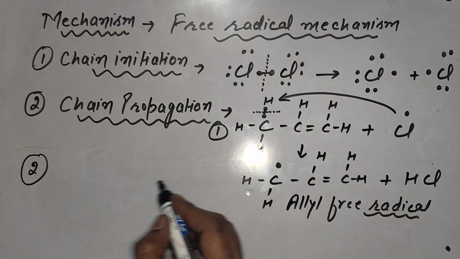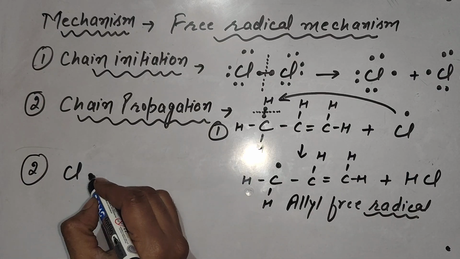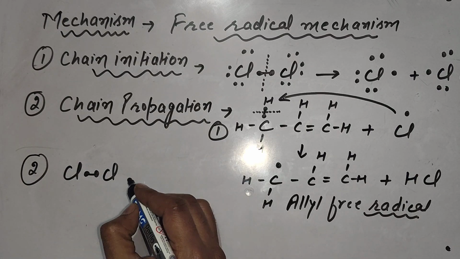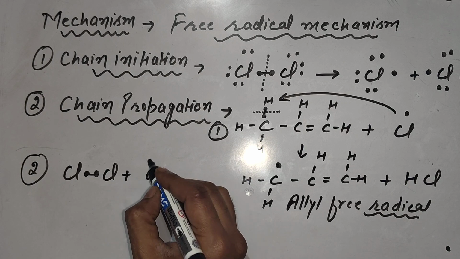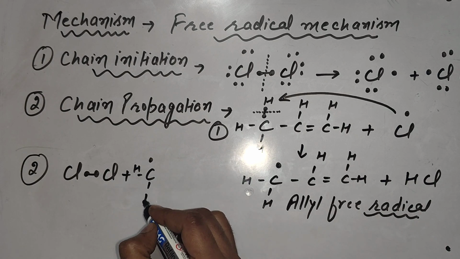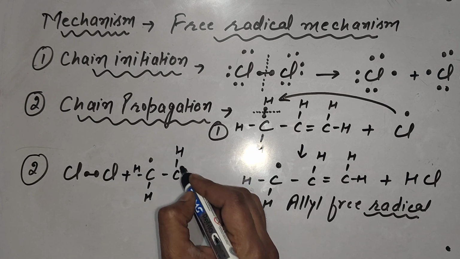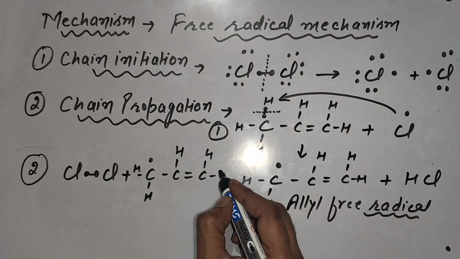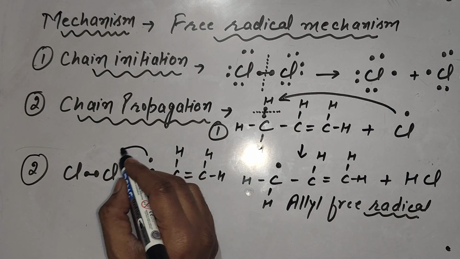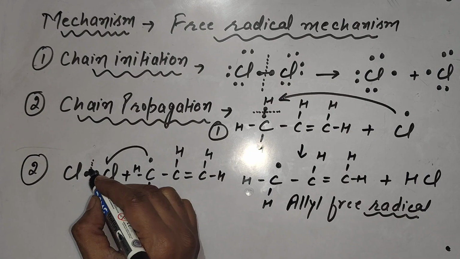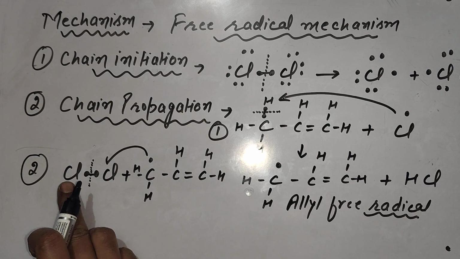Now the second step will be this: the allyl free radical will attack another molecule of chlorine, and the chlorine molecule will dissociate like this.